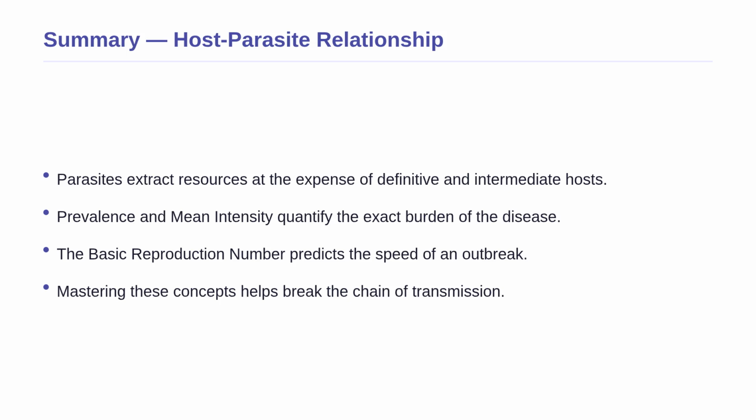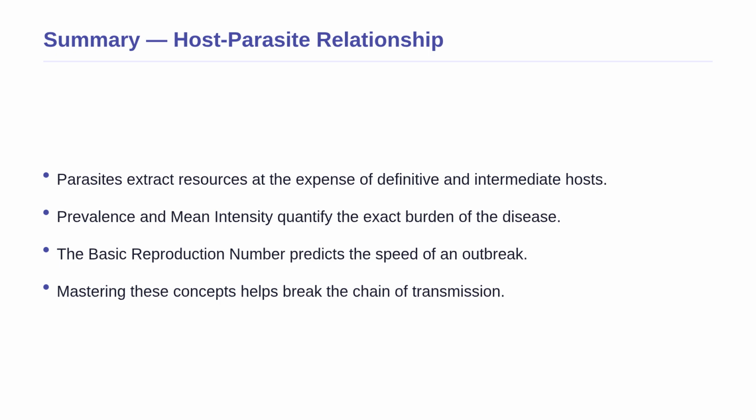We have covered a lot of ground today, so let us review the key takeaways. First, we learned that the host-parasite relationship is a complex battle where parasites extract resources at the expense of their definitive and intermediate hosts. Second, we saw how mathematical metrics like prevalence and mean intensity allow us to quantify the exact burden of a disease on a community.